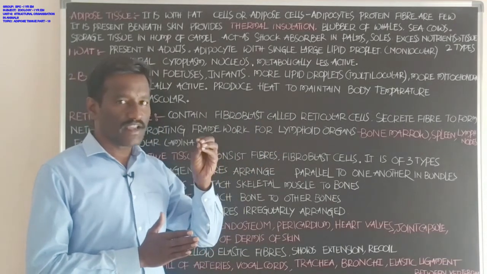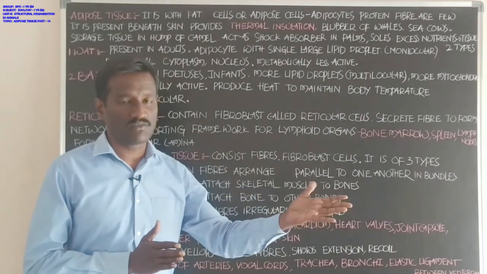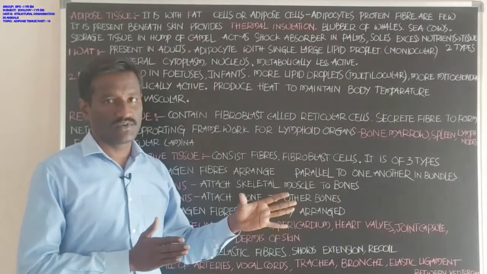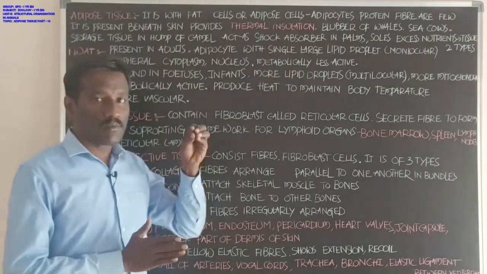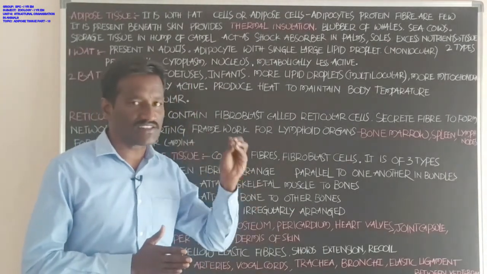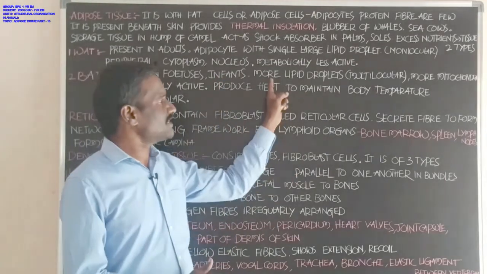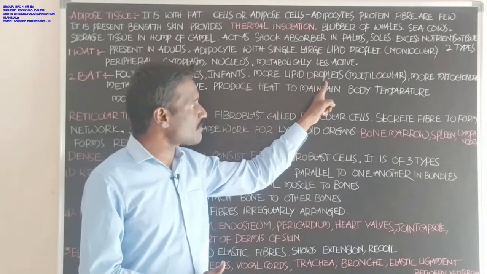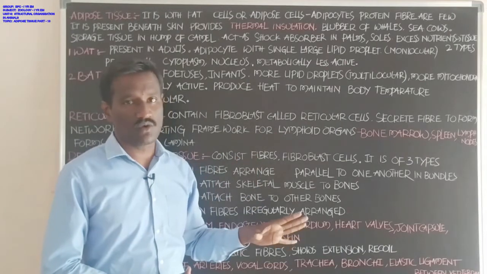The developing embryo after 8 weeks from conception is called a fetus. Brown adipose tissue is present in fetuses and infants, and it has more lipid droplets, also called multilocular.